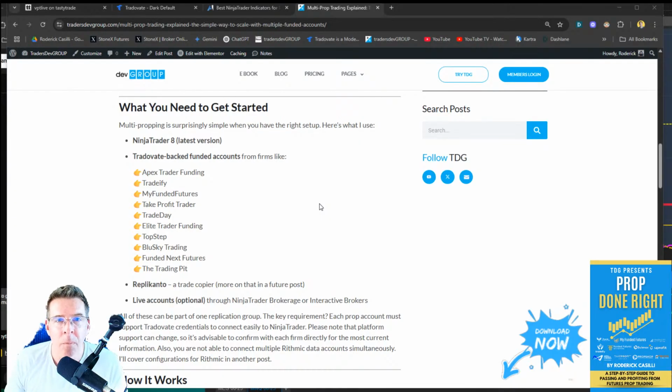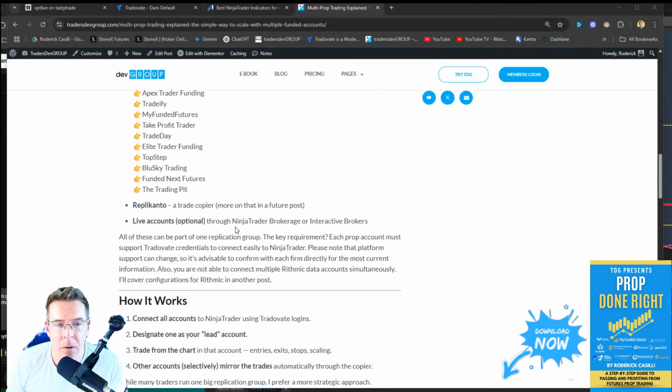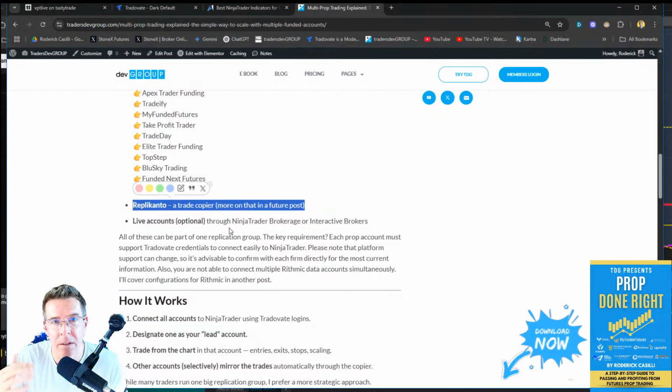All right. So NinjaTrader, Tradovate, and then the next piece is Replikanto. Replikanto is what I use. In the next blog post, which we'll get into today, I cover Replikanto and alternatives to Replikanto, but Replikanto is specific to NinjaTrader. The way you're stitching this all together, you kind of have to understand how Ninja works, or else you probably wouldn't even understand how to do a plugin.